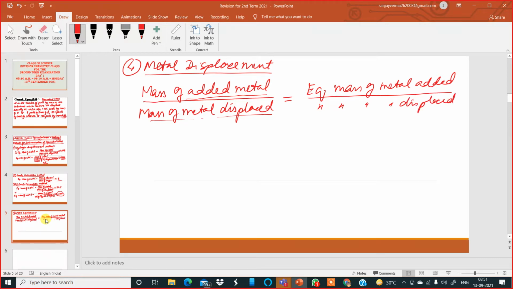So this is the formula which you can apply to determine the equivalent mass of a metal by the metal displacement method.